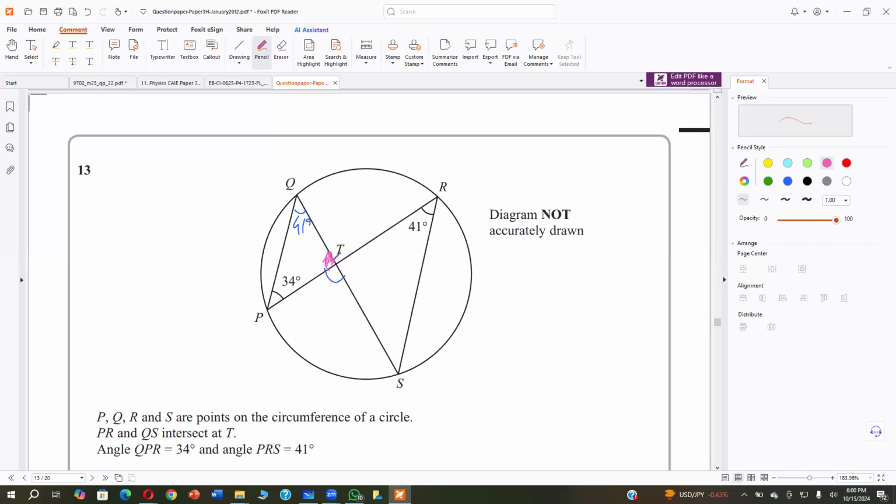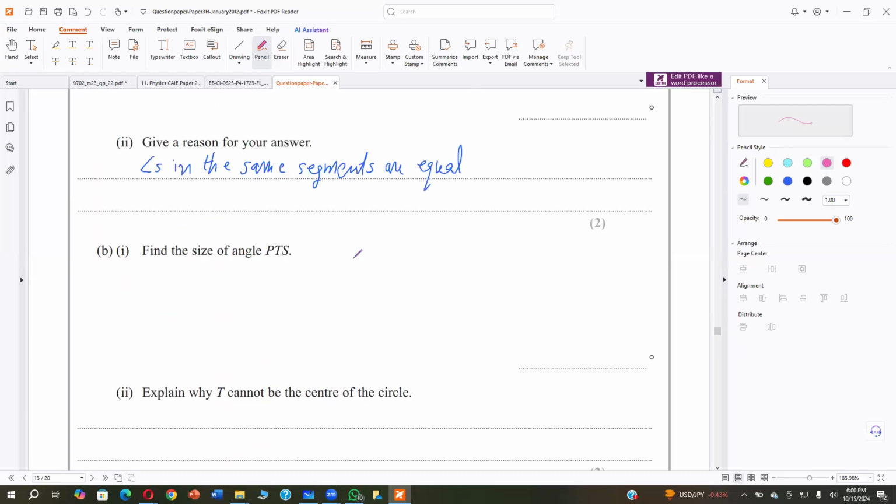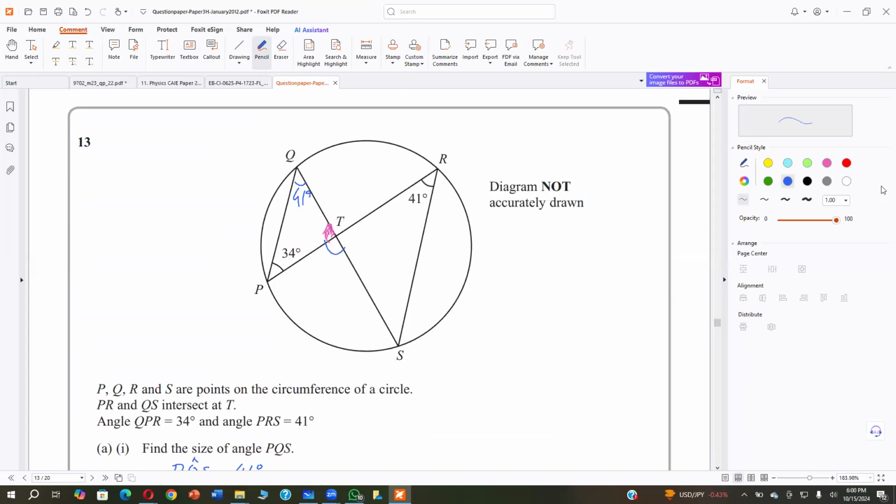And this angle will come in front of it. So 41, QTP. So first find QTP or PTQ. QTP is 105. Okay, 105. If this is 105, on the other side here, it will also be the same. So it will be 105.